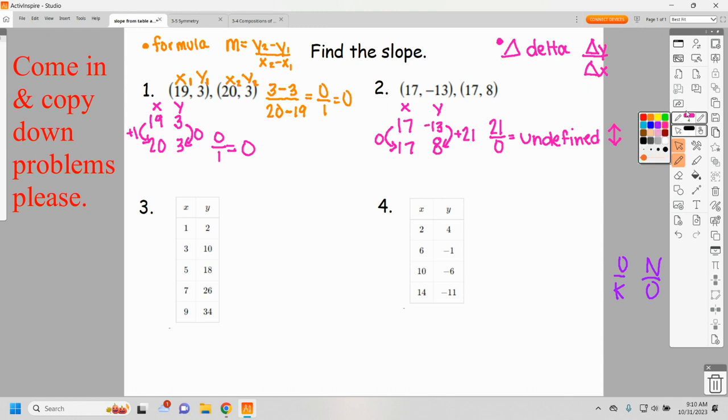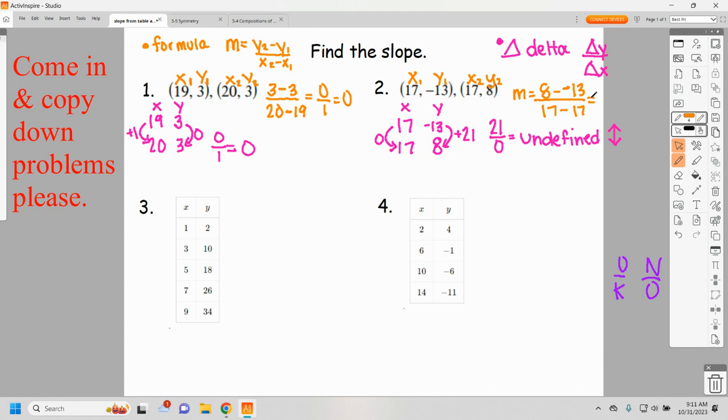Now, if I did this one using the formula way, guess what? I'm going to do the same thing I did last time. x sub 1, y sub 1, x sub 2, y sub 2. I'm going to plug in, and I'll say m equals y sub 2 is 8 minus y sub 1 is negative 13, then x sub 2 is 17 minus x sub 1 is 17 equals.